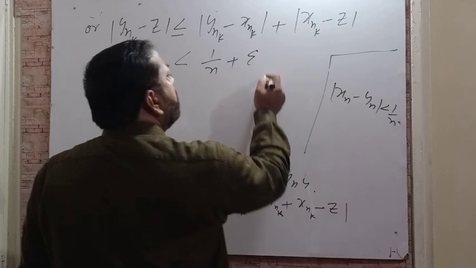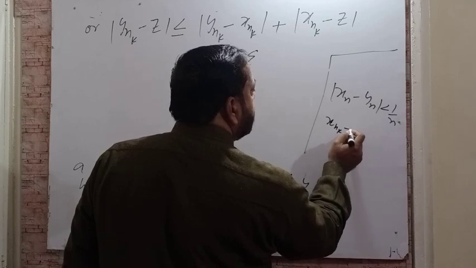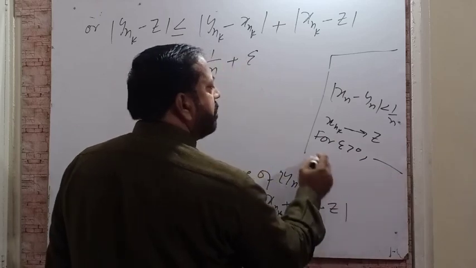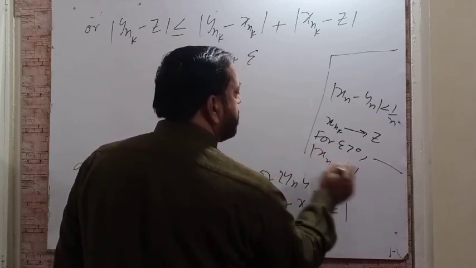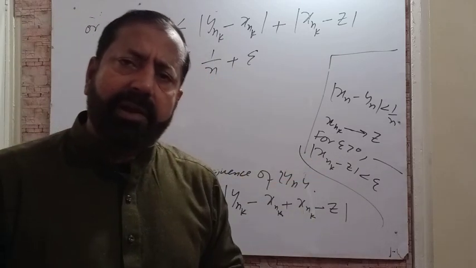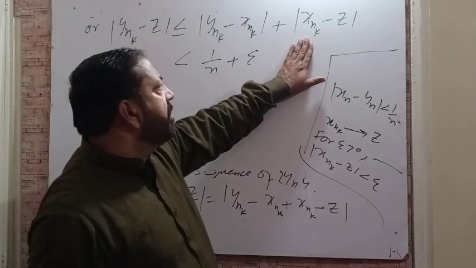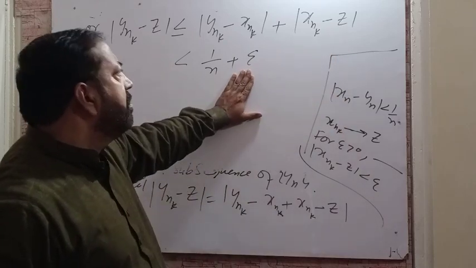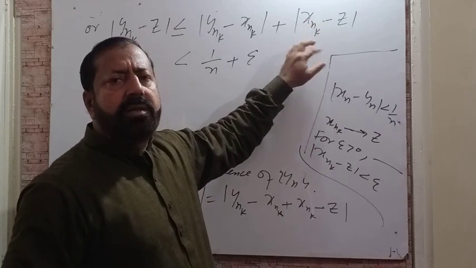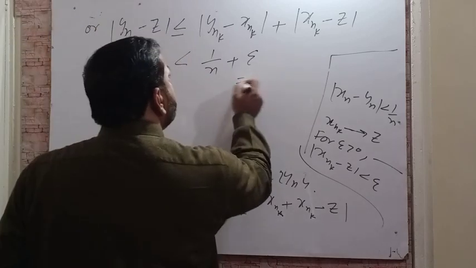For epsilon positive, you can choose a natural number so that |xnk minus z| is less than epsilon. This is our previous definition. You can watch my lectures on the convergence of a sequence to understand it. So |xnk minus z| is less than epsilon for nk greater than or equal to n star. Say this is equal to epsilon dash.